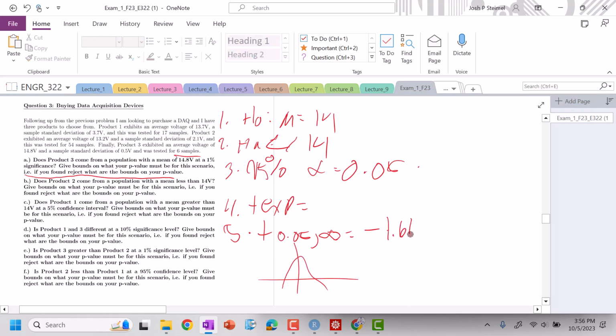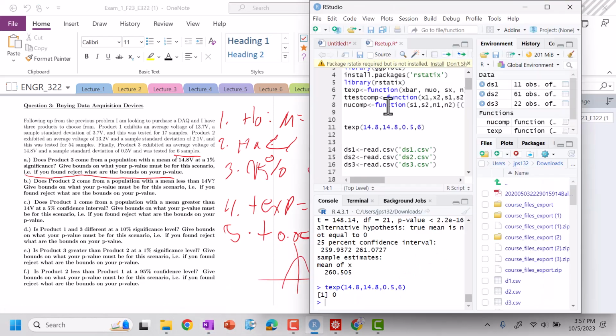Minus 1.645, because again, we're now left-tailed. So it's basically looking at something like this. Our T experimental, let's find it. Let's just copy and paste this. So we are product 2.